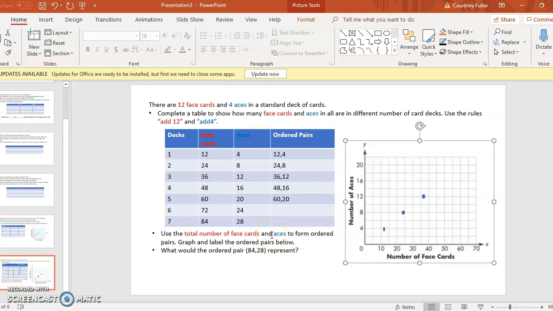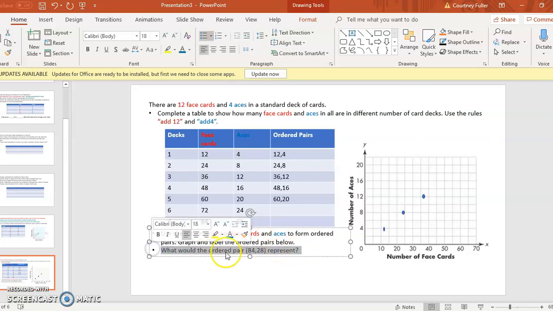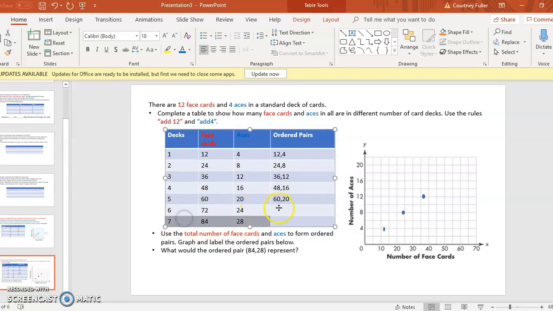And finally, guys, we're almost there. We are on part C. What would the ordered pair 84, 28 represent? We generated this table all the way to 84, 28.